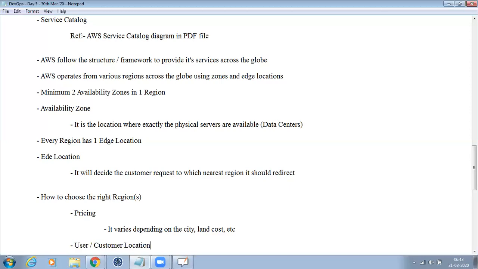If my customers are based mostly in Canada, 70% or 80% or any percentage, then we create in Canada or a nearer region. If there is nothing in Canada, we go to the nearest to Canada. What is the region we have? We select that. I'm just giving an example. Already we have one in Canada, right?